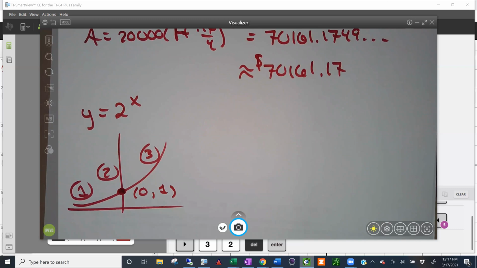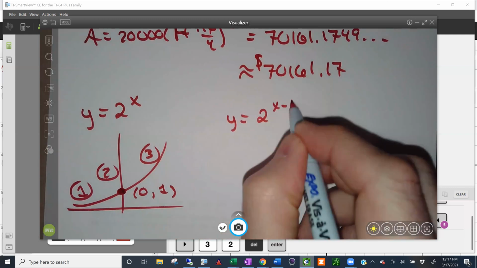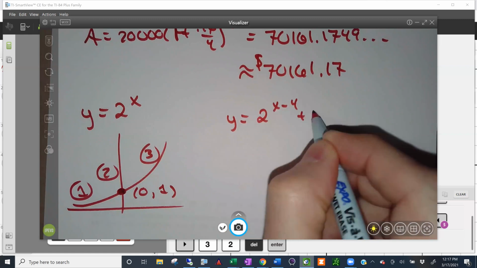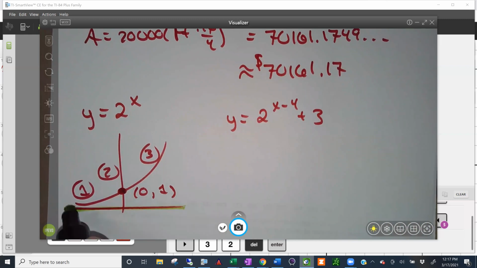Now that point is going to get shifted all around when we start looking at different functions like y equals 2 to the x minus 4 plus 3, for instance. This graph's going to get shifted. Now, one of the important features of this graph is this line.